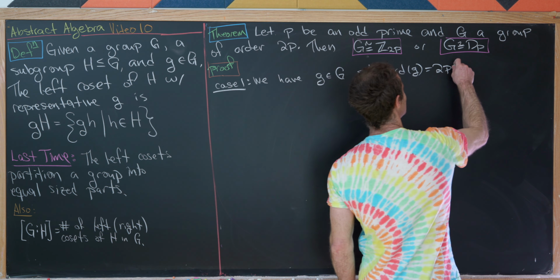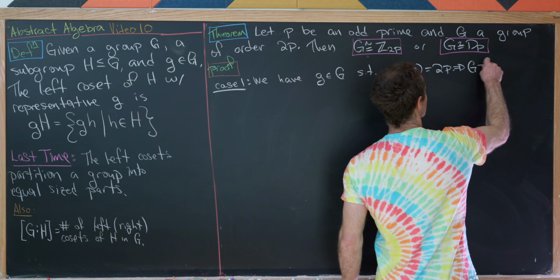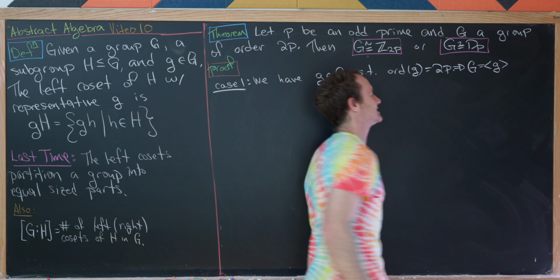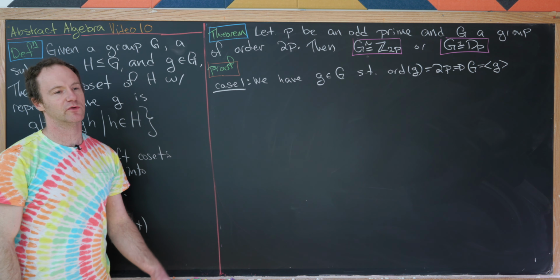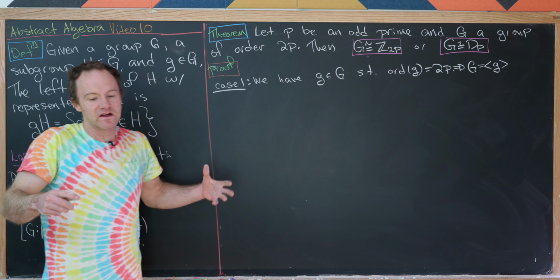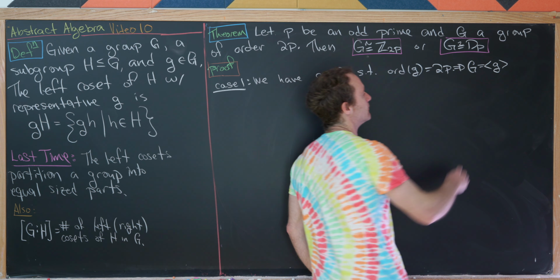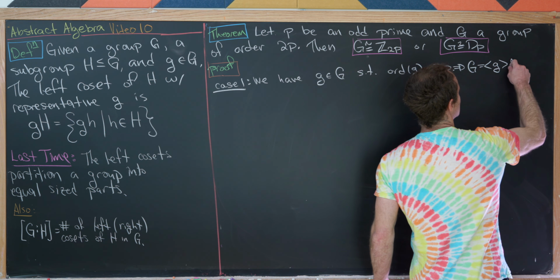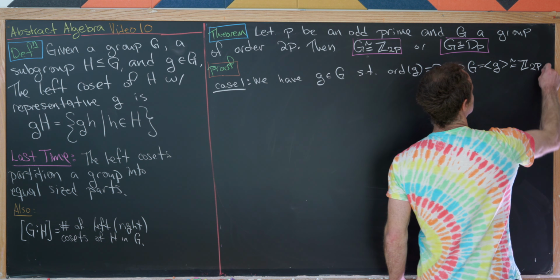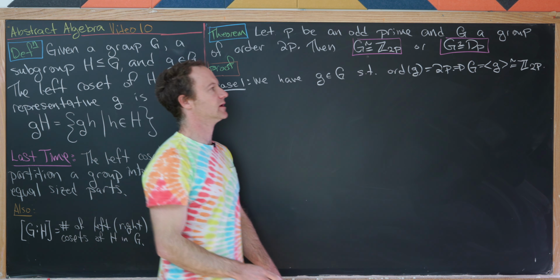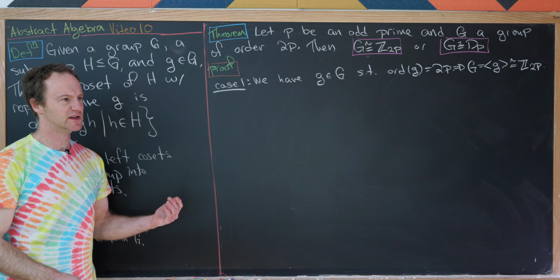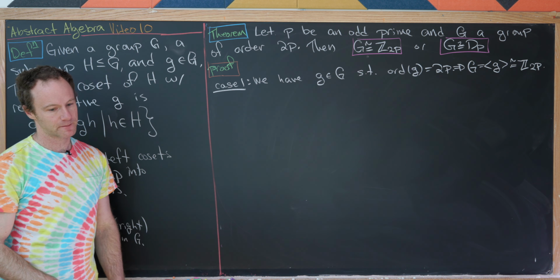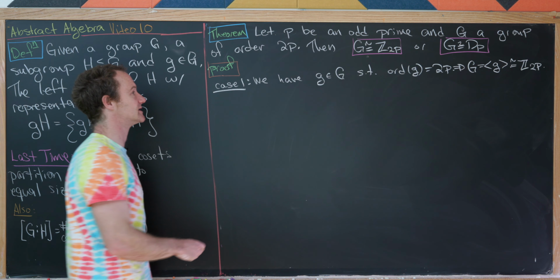Let's notice that that means immediately that the group is equal to the cyclic subgroup generated by that element, because that cyclic subgroup will also have order 2p. It'll fill out the whole group. But that cyclic subgroup is isomorphic to Z_2p by the fact that cyclic groups are always isomorphic to Z_n or Z. Okay, so that's our first case done.